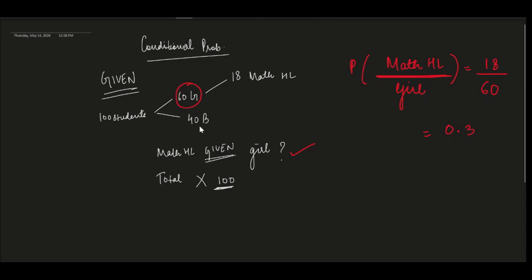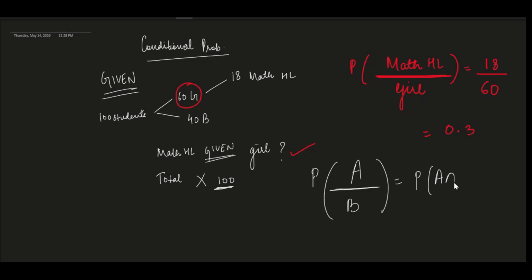Now there's a very important formula for finding the conditional probability. It is given in your formula booklet as well, and you can remember it if you solve a lot of problems. The probability of event A, given that event B has already happened, is equal to the probability of the intersection of both the events over the probability of the event that has already happened.